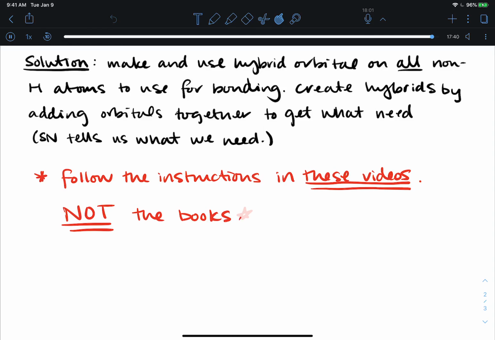Your pictures should look like the pictures that I'm drawing. We will hybridize the orbitals on every single non-hydrogen atom. This is not what is done in the books, and it's very important that you follow these instructions and not the ones that are shown elsewhere.